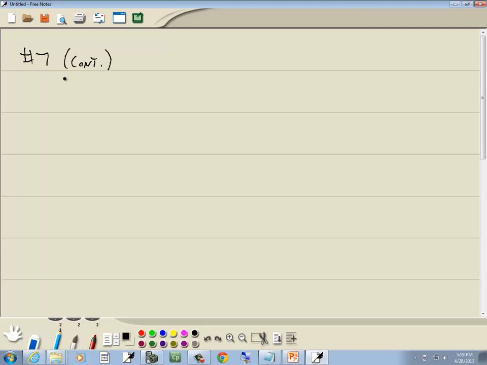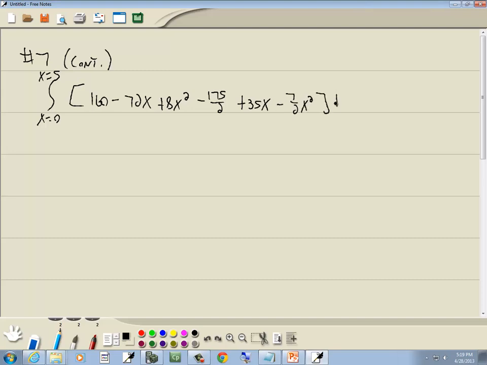Continued. So we got the integral x equals 0 to x equals 5 of 160 minus 72x plus 8x squared minus 175 over 2 plus 35x minus 7 halves x squared dx.